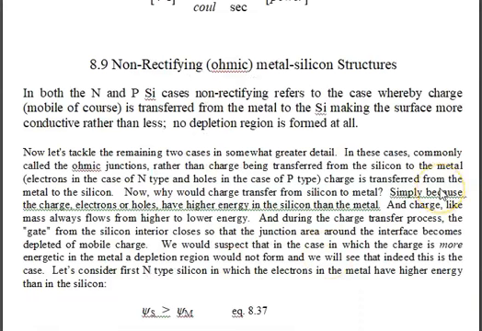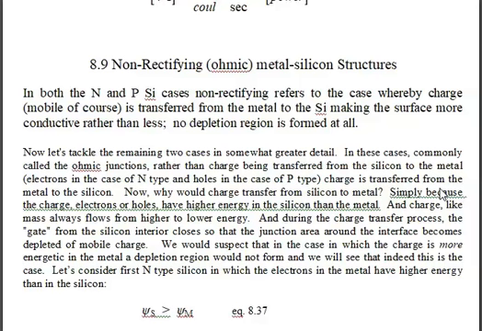I don't go into any detail here, just basically qualitatively see what's going on. These cases are not important. Non-rectifying metal silicon structures are not used in practice, to my knowledge. So what we have in the non-rectifying case is that the region between the metal and the interior, say half a micron or a micron or so into the silicon, becomes not depleted, but more full of mobile charges.